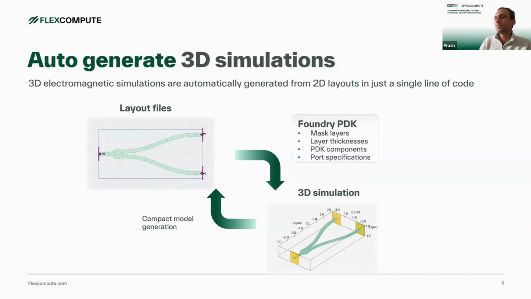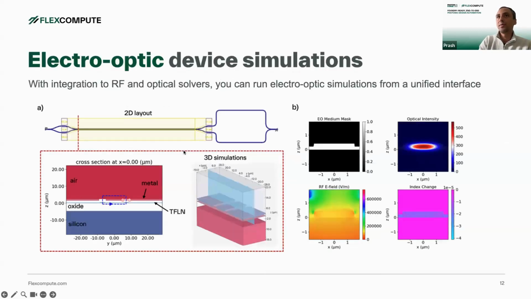Like if you're running it for a heat solver or RF simulation, they're all going to be unified through this layout. Yeah, so here's an example showing that with the capabilities we've added, now we can integrate with both RF and optical solvers, and you can also run electro-optic simulations. In this case, it's an electro-optic simulation to calculate the Vπ of a thin film lithium niobate modulator.